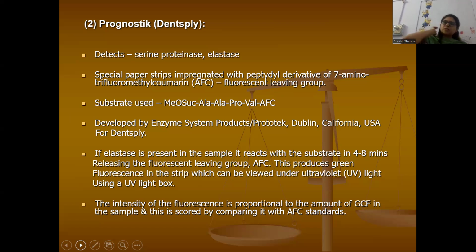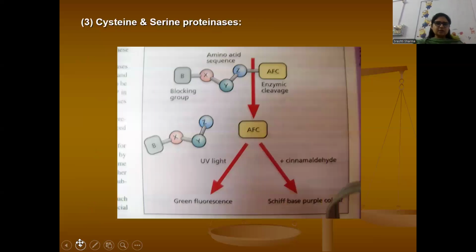If elastase is present in the sample, it reacts with the substrate in 4 to 8 minutes, releasing the fluorescent leaving group, AFC. This produces green fluorescence in the strip, which can be viewed under UV light using a UV light box. The intensity of the fluorescence is proportional to the amount of GCF in the sample and this is scored by comparing it with the AFC standards. So here we can see cysteine and serine proteinases.